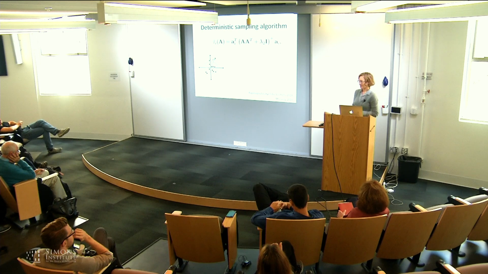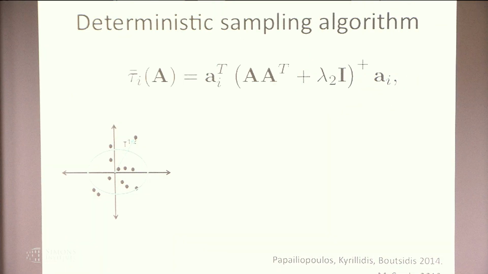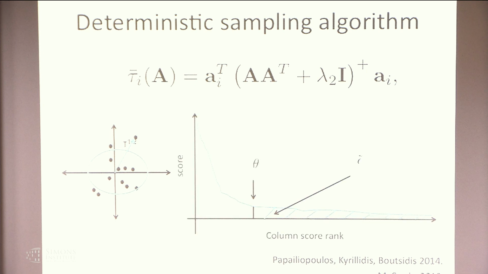So the deterministic sampling algorithm in this talk is based on work by Papailiopoulos, I apologize if I mispronounced his name, and his co-authors. Basically, we're going to calculate the ridge leverage score for each column, and line up all of our columns according to their ranked ridge leverage score so that they decrease.